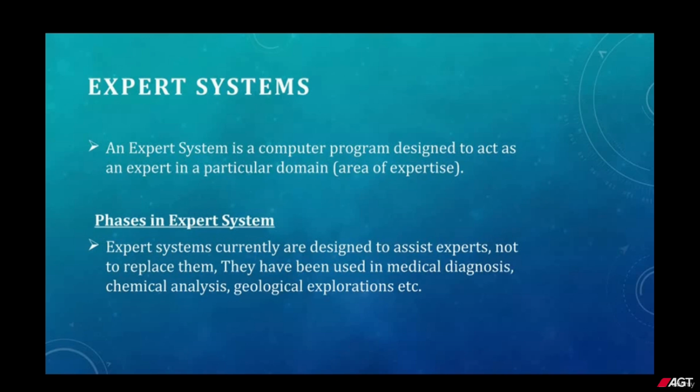If it is designed for health care, engineering, geography, or IT, any domain where it has expertise, it works in that area. Expert systems currently are designed to assist experts, not to replace them.